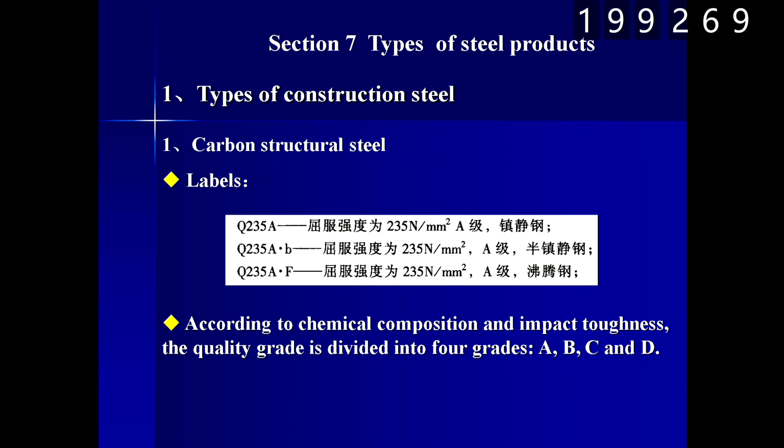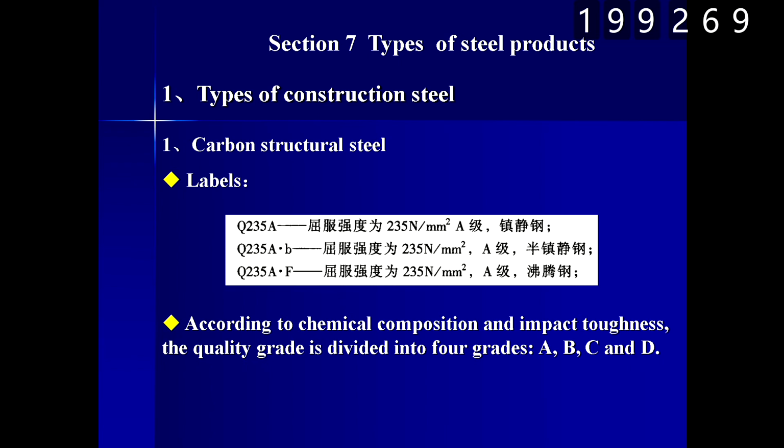Now is the last part, materials. As part of materials, the type of construction steel. We mark the steel as Q in Chinese; in European English, strength.